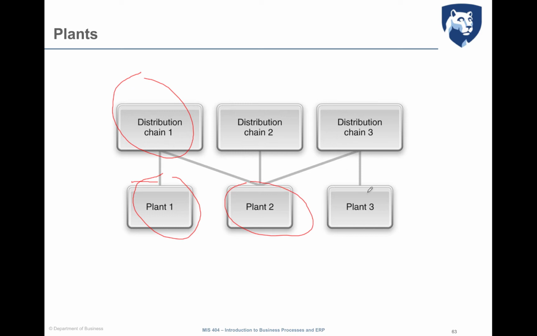Similarly for plant 3, distribution chain 3 delivers product to plant 2 and plant 3, but plant 3 receives only from distribution chain 3, while plant 2 is associated to distribution chain 1, 2, and 3 and can receive product from all the 3 distribution chains. So there can be every case. The important thing is that it is well coded in your system.